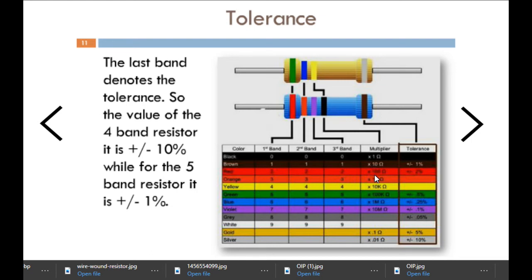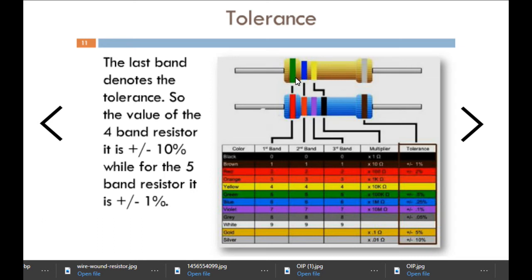According to this value you will get the total value of the resistor. But if the multiplier band is coded with gold or silver, in that case you have to make sure that your total value will be less than the defined value of the first two color bands.